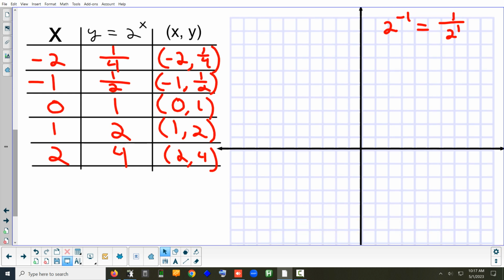Okay. -2, 1/4. Let's start with that one. So -2. Just barely up. Just up a little bit. The next one is -1, 1/2. That's up a little bit more.